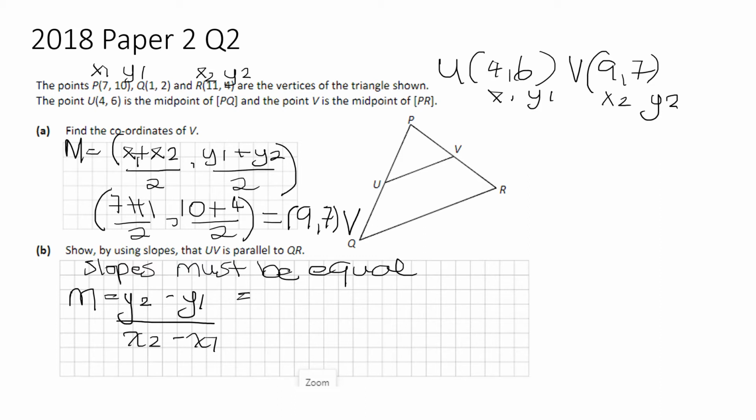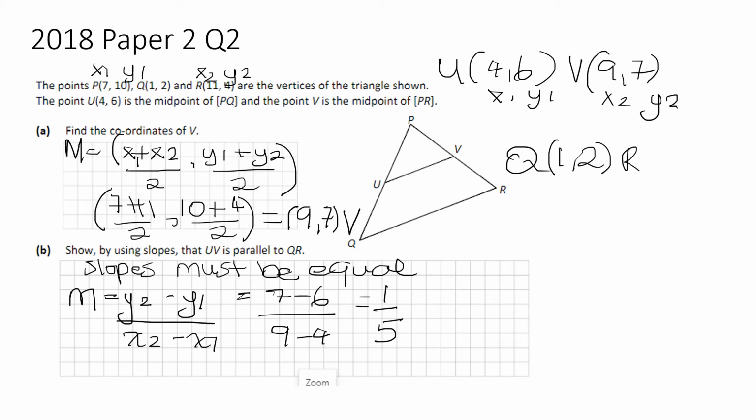So that is 7 minus 6 and then we have 9 take away 4. So that is 1 over 5, so that's 1/5. Then you just need to do the same thing for Q to R. Q is (1, 2) and R is (11, 4), so x1, y1, x2, y2.